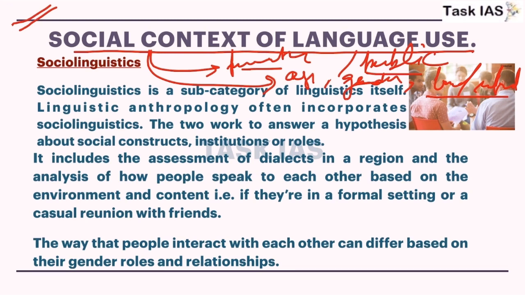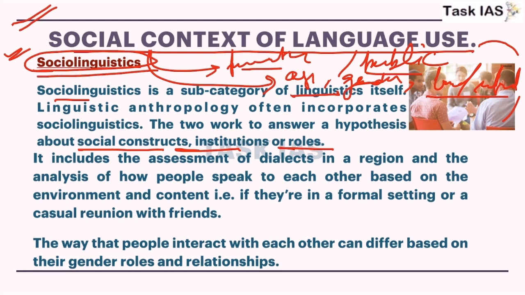Now, sociolinguistics. This term is a category of linguistics, and it explains how language is influenced by social constructs, institutions and roles. Whatever I have explained is covered under the term sociolinguistics.